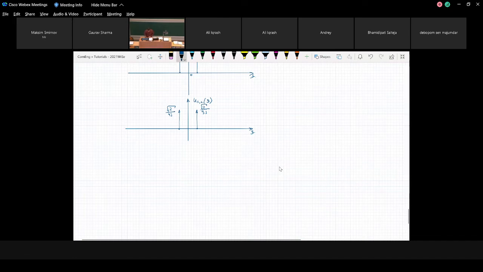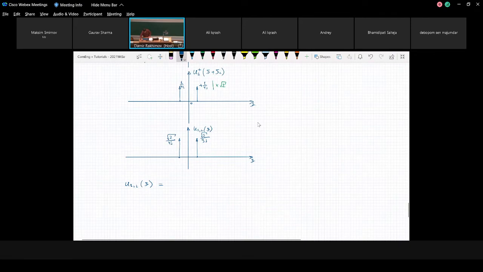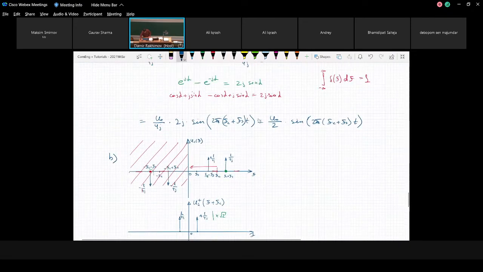We can write the expression for this spectrum, U1,L of F. We have one delta pulse over... I think I forgot something.